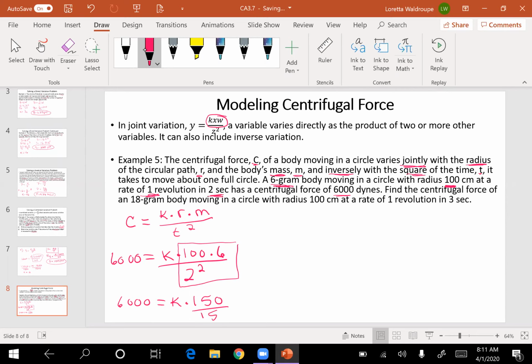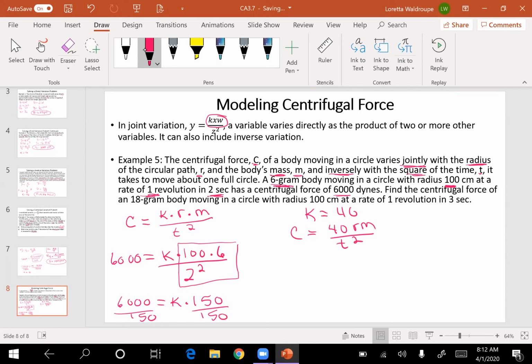Divide both sides by 150. And what do we get for K? 40. So now I know C equals 40 RM over T squared.